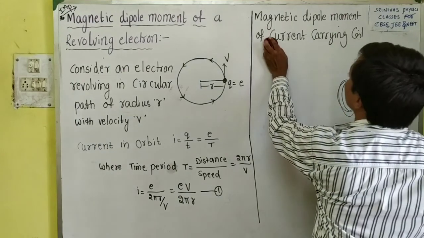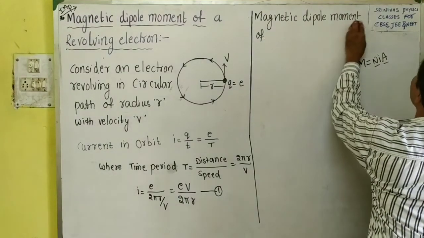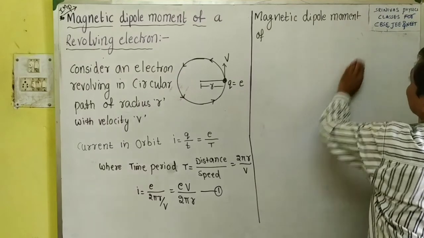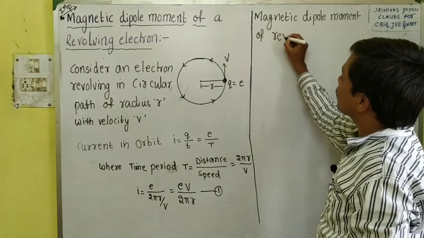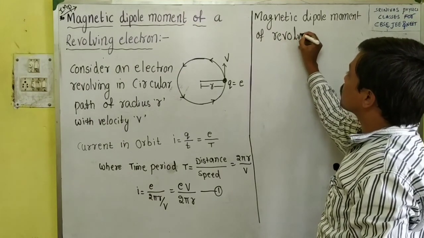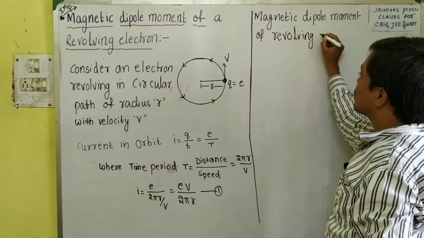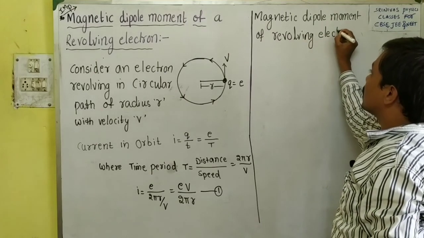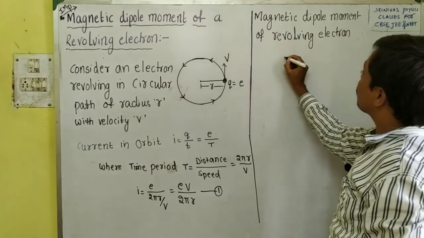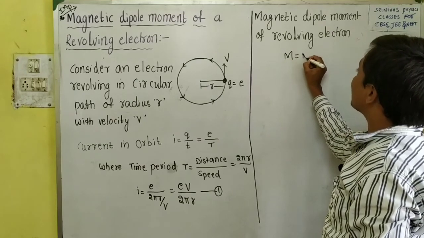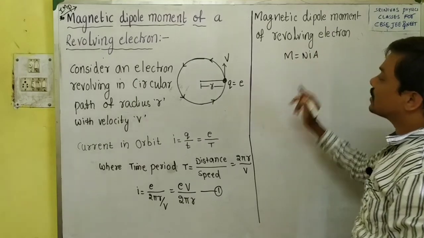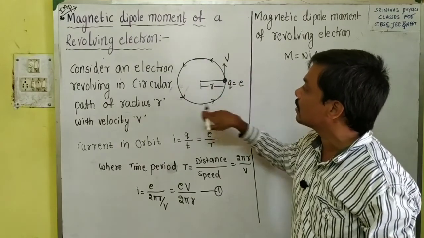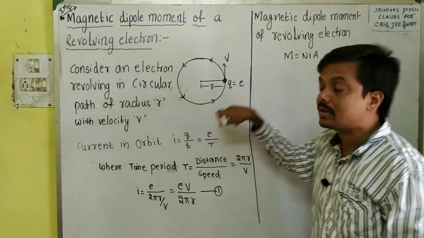But here we want the magnetic moment of a revolving electron. The same formula we have to use here, NIA. But here this is a revolving electron, so only one turn will be there.